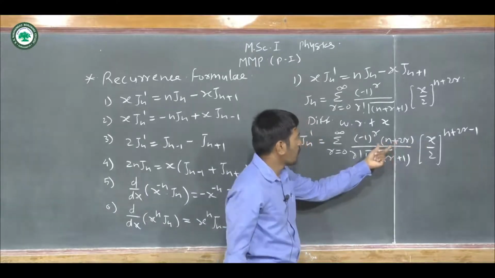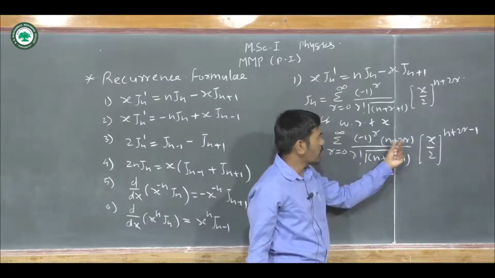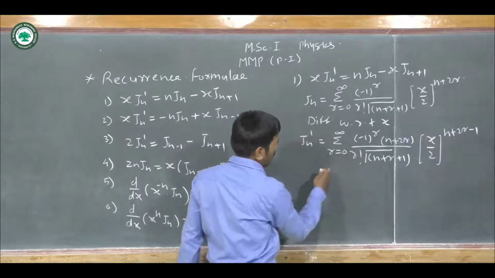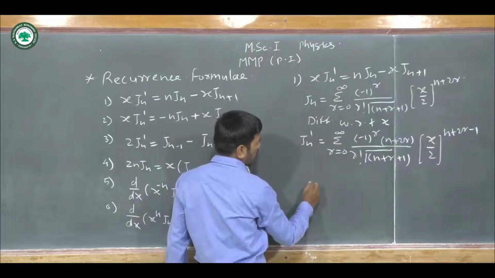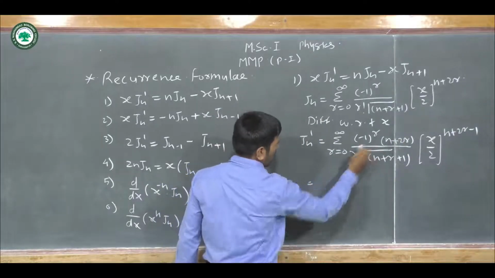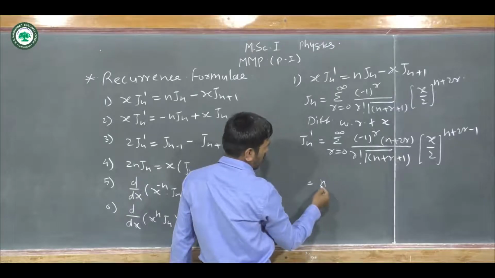Now if I split this n plus 2r into two terms, n is taken outside the summation.